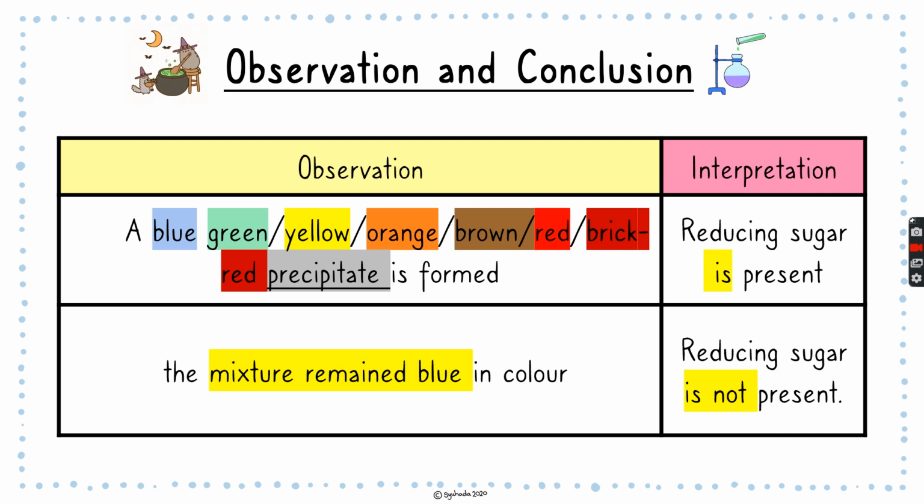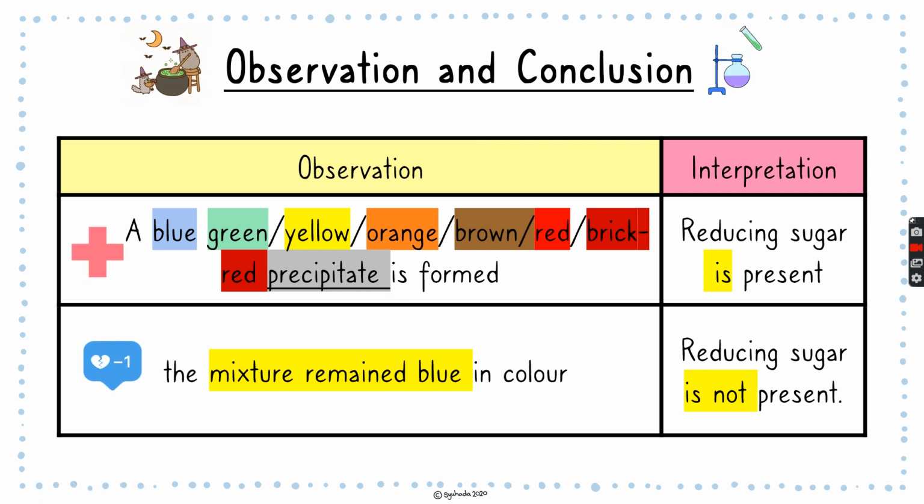So green, yellow, orange, brown, red or brick red precipitate is formed. So not just a color change, but also mention there's precipitate, because if you actually look at that sample for real, you can see that there is some precipitate present and formed. And the interpretation here is that when you see this observation, it means that reducing sugar is present.